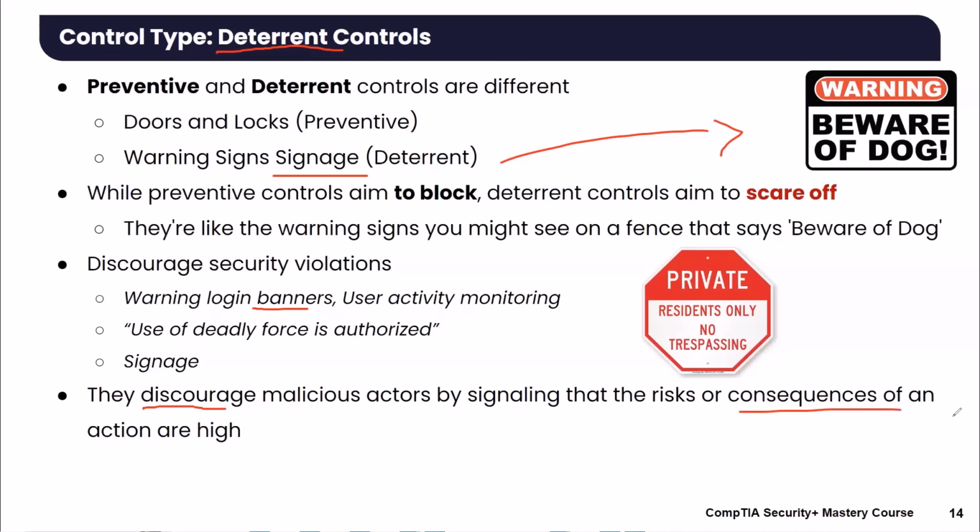But if the attacker moves forward, the deterrent control is not going to prevent anything. It's just there to discourage them psychologically, to give them that little warning: be aware of this if you do try to do what you're thinking about doing.